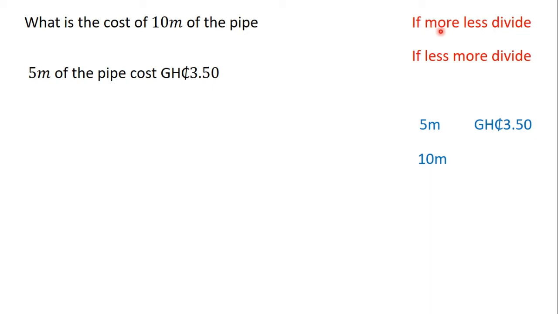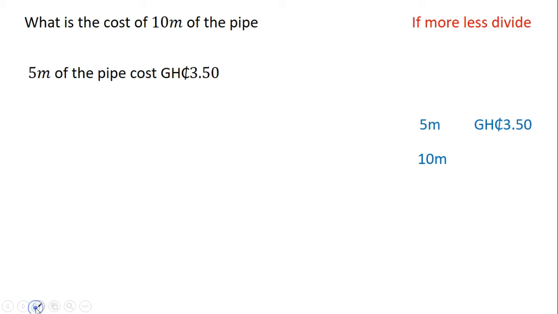The first principle is for more, and the second principle is for less. So if 10 meters will cost more, then we will use the first principle: if more, less divide.